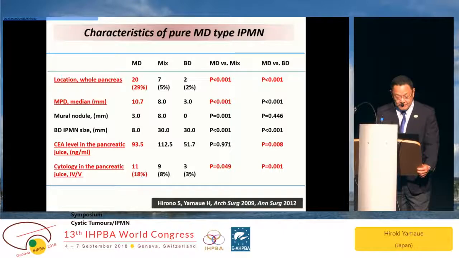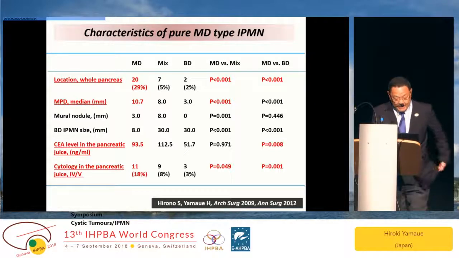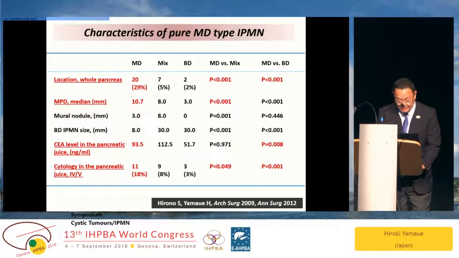Patients with the main duct type in the pancreatic tail were 29%, and the dilatation of the main duct was wider compared to the other types. We also focused on the CEA level in the pancreatic juice, taken by preoperative ERCP. The CEA value in the pancreatic juice was higher, and cytology was, of course, class 4 and 5. These are the characteristics of main duct type IPMN.